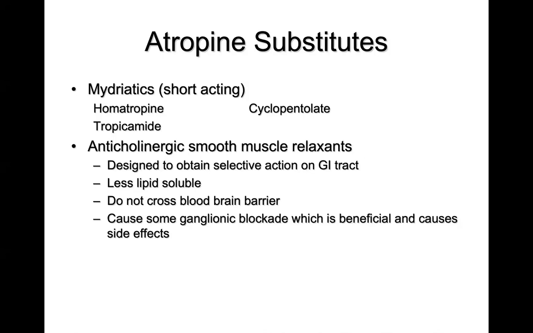But the problem is some of these ended up having ganglionic blockade, so they blocked nicotinic receptors. That may actually be beneficial, but it created significant side effects, so the side effect profile wasn't good. So there are a few drugs that people have used in the past that are either not being used or are used only when other drugs are not working.